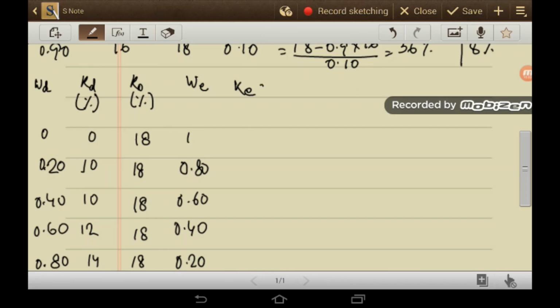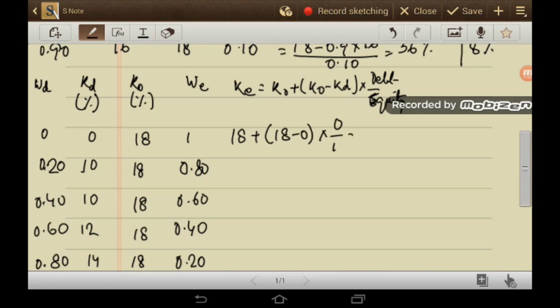KE can also be found by this formula. This is a refined one: KO plus KO minus KD into D by E, that is, this is debt and this is equity, the debt equity ratio. So the first case, 18 plus 18 minus 0 into 0 by 1, this will be 18%.